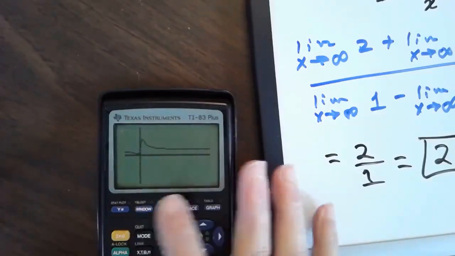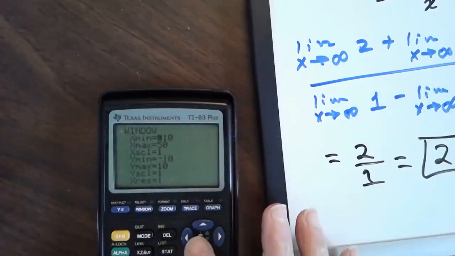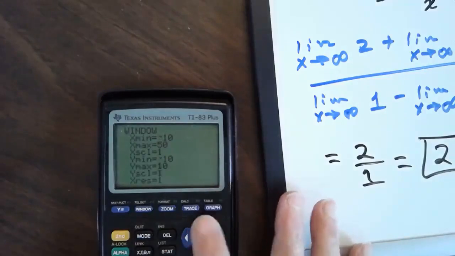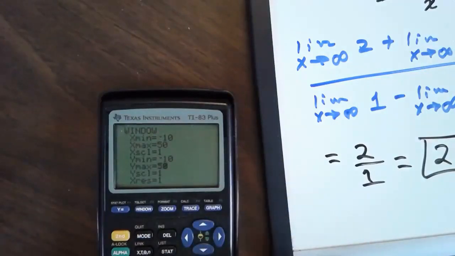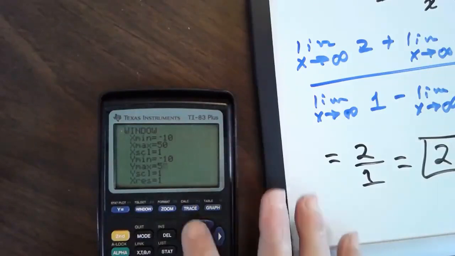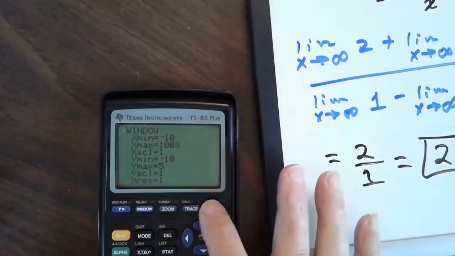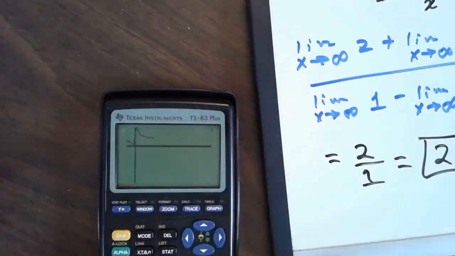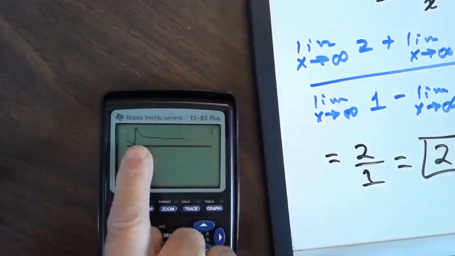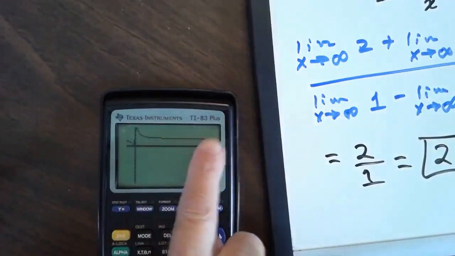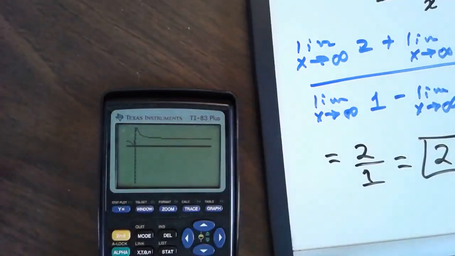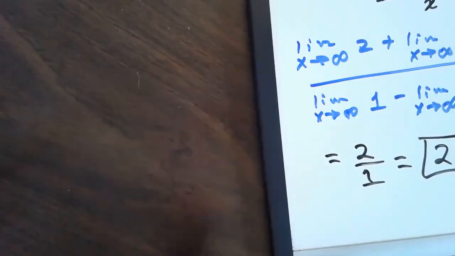So if we increase the scale, the Y scale, and reduce that to, let's say, 5, and increase X max, let's go to 100. So here's 1, here's 2, and you can see that it's tending towards 2. So we've verified graphically that our answer is correct, and that's how you can check your work.